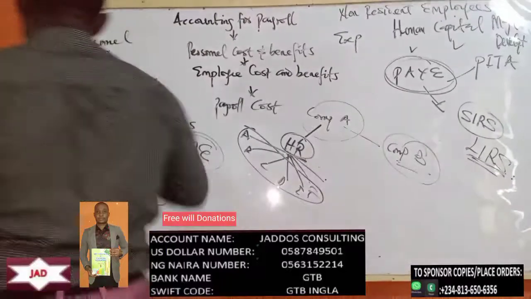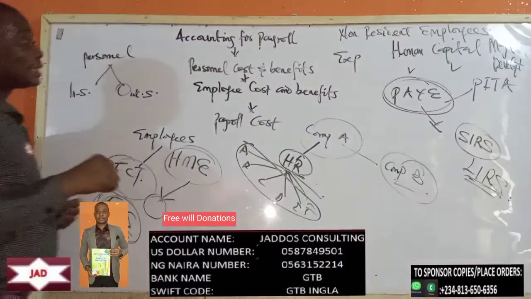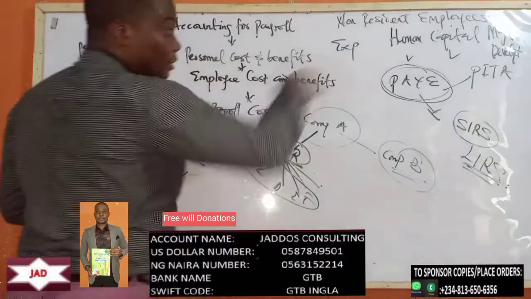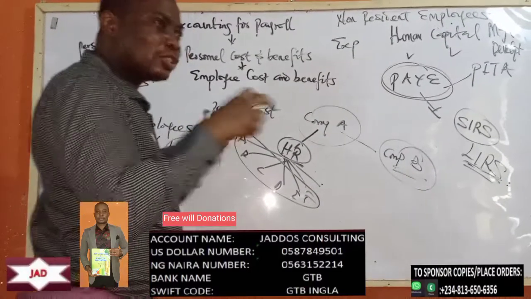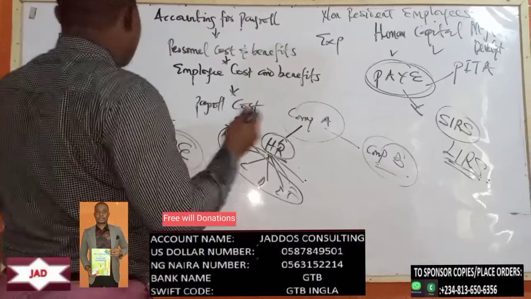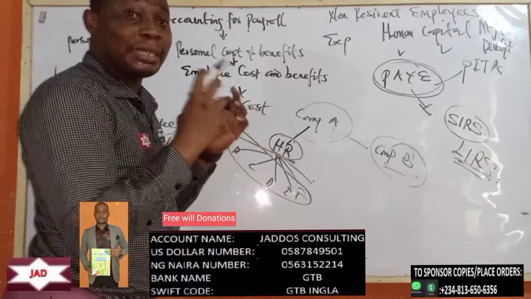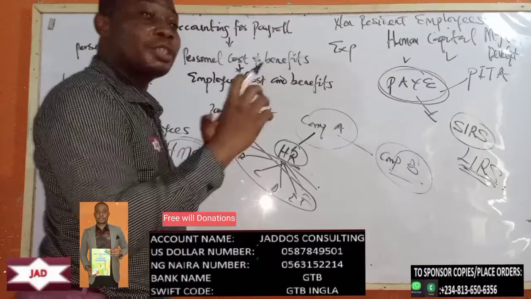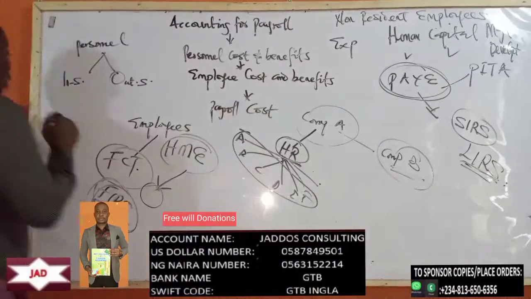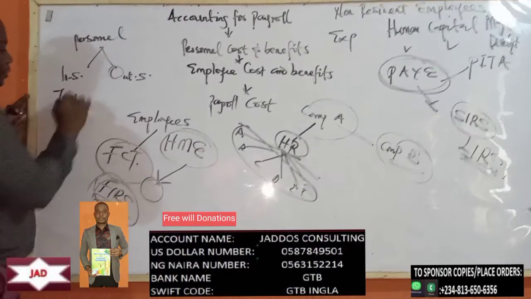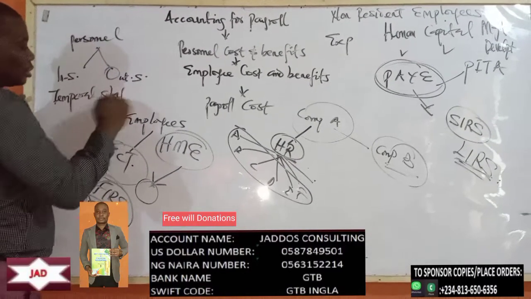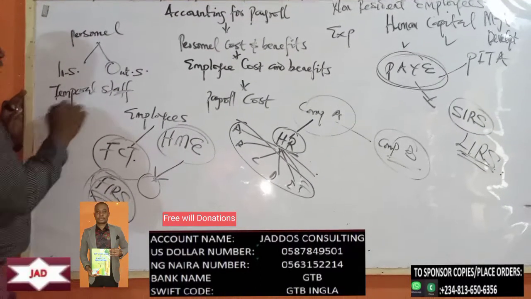Okay, so you must also understand that Peter, that's Personal Income Tax Act, tries to give an explanation. The amended part of it tries to give an explanation on what we call temporal staffs and what permanent staffs.